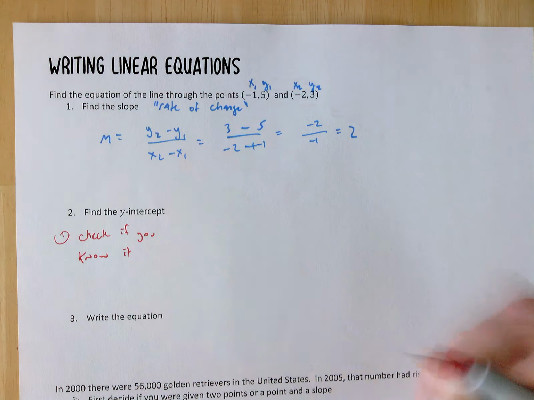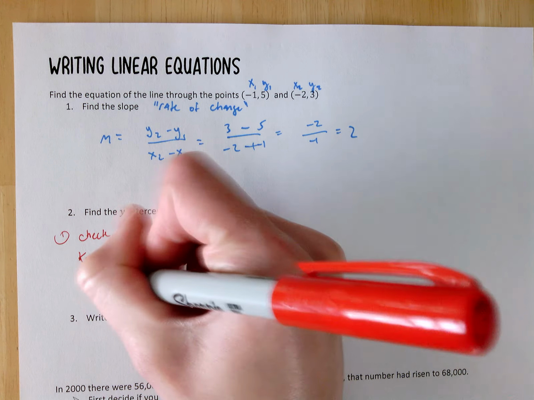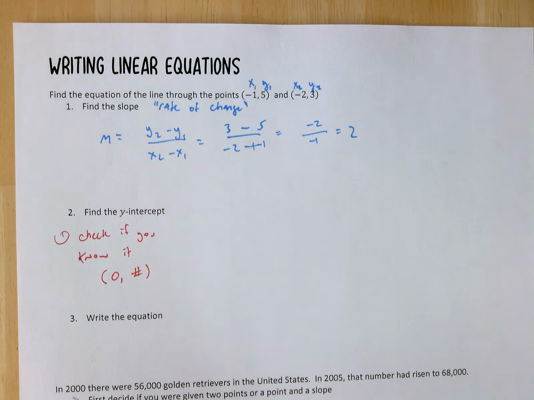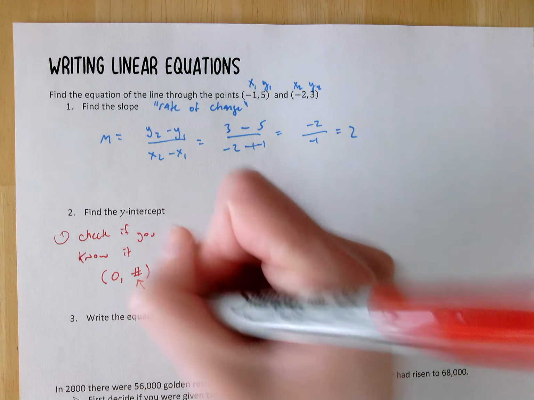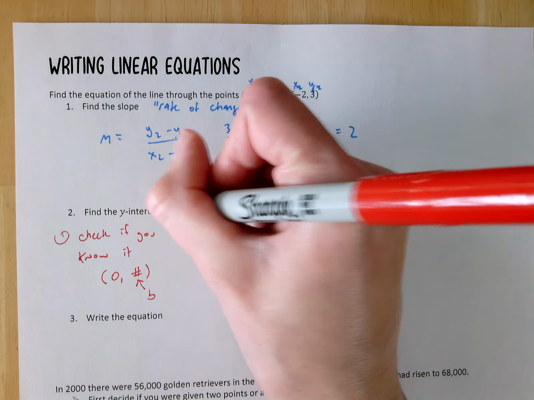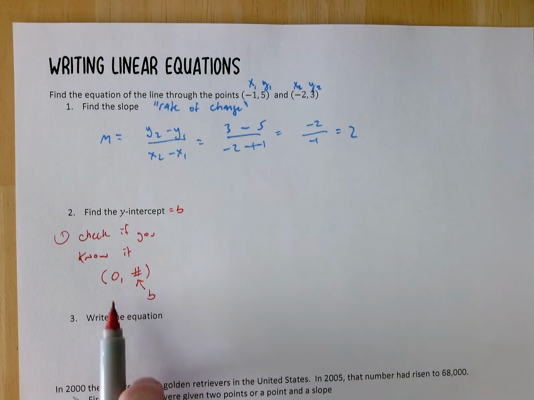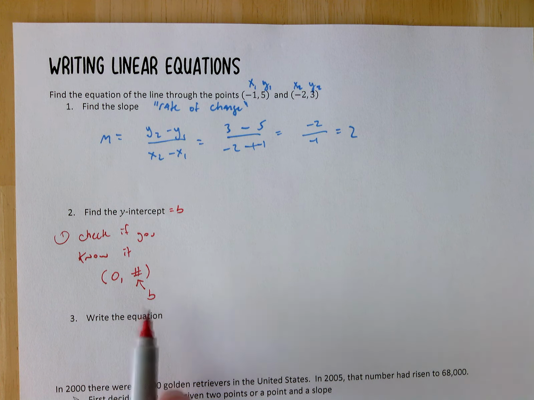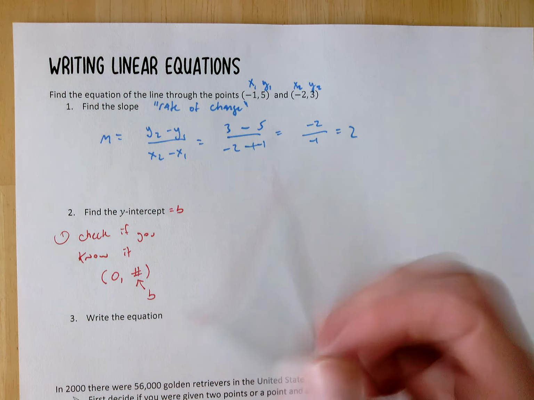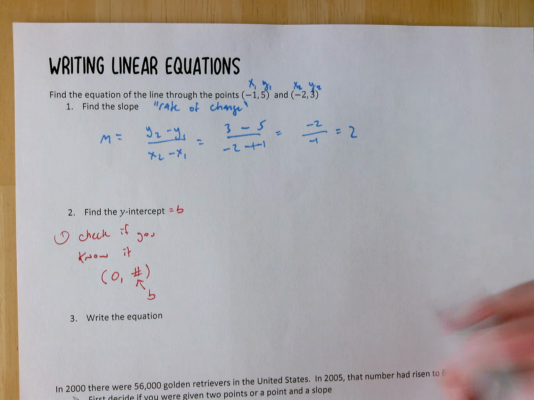Okay, and the key for that is going to be when you have a point that is 0 and then whatever the other number is, that would be your y-intercept b. Okay, so b is y-intercept. All right, so if you have a point where the 0 is the first coordinate, then whatever the second coordinate is is b, that's what a y-intercept is. Okay, so in this particular instance, I don't know that. If I did, we could just grab that number and we'd be all set.